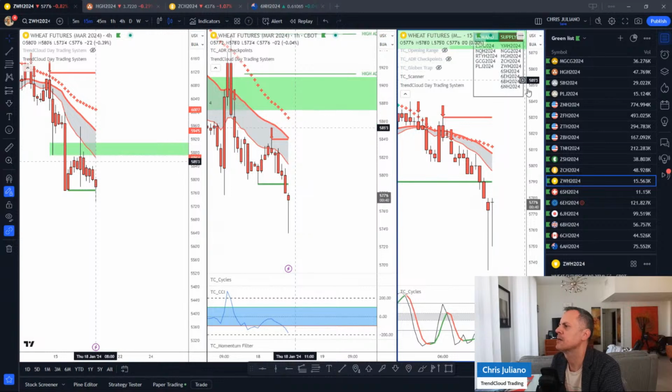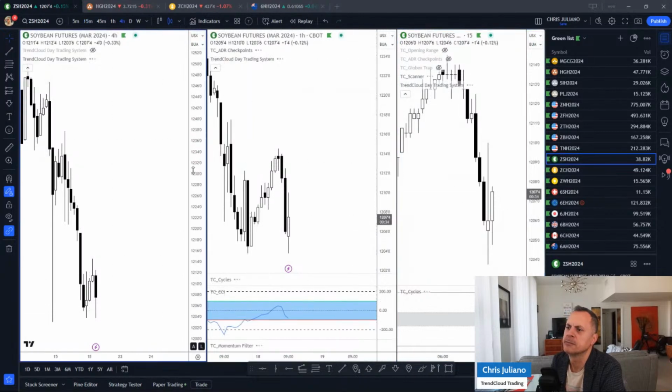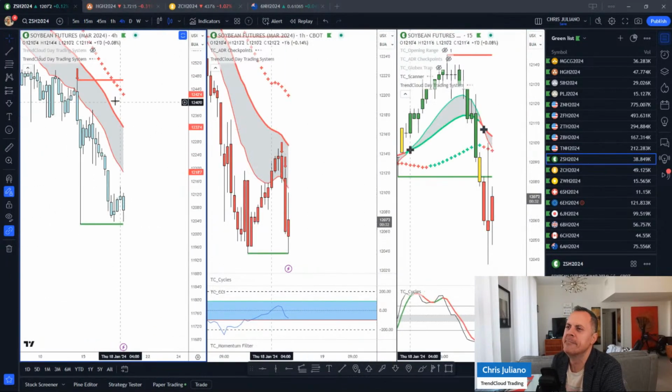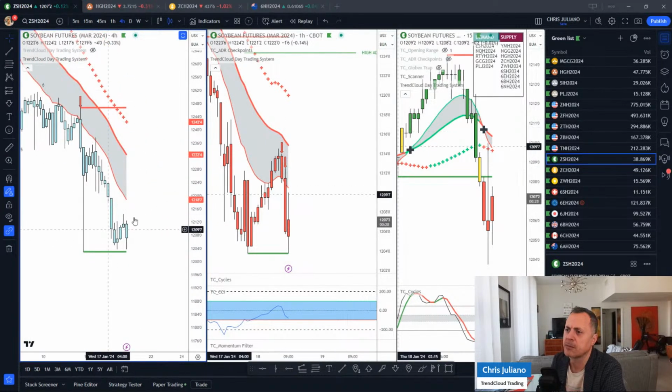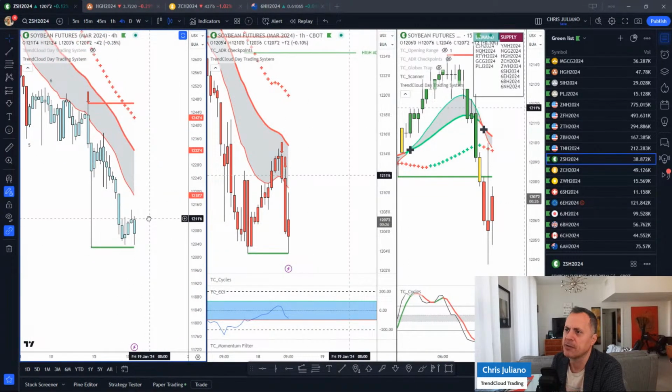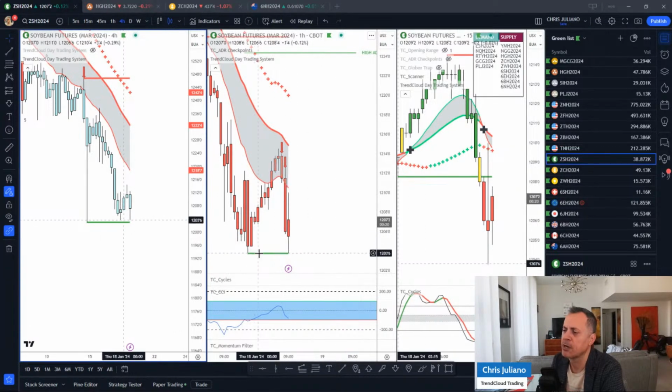Is soybeans on here? Let's just look at soybeans anyway. Wow. Pulling into that seventh wave, super extended to the downside. Getting that rejection, right?